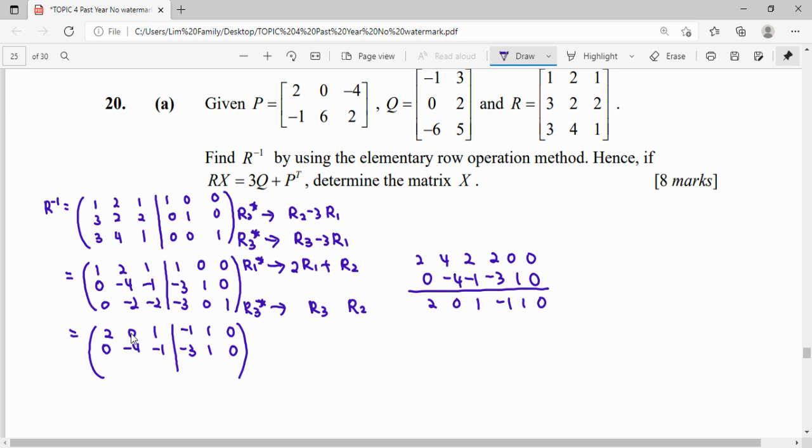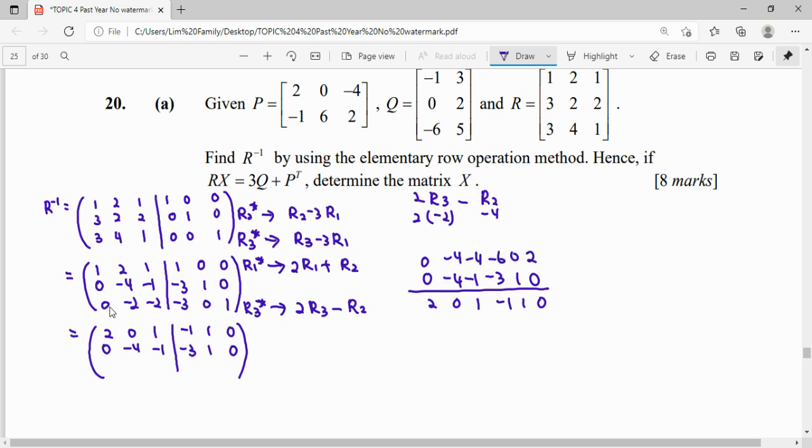So continue for row 3. Row 3 has the value of -2 versus row 2 with -4, so I will multiply by 2 and subtract in order to get 0. So my row 3 operation will be 2 row 3 minus row 2. I plug in my row 3 times 2, which becomes -4, -4, -6, 0, 2.